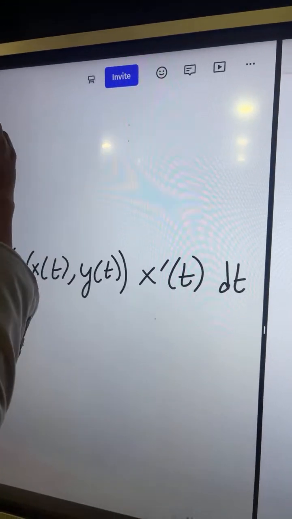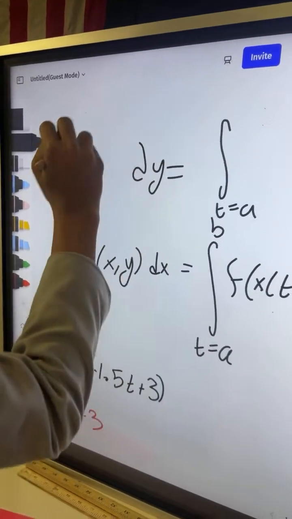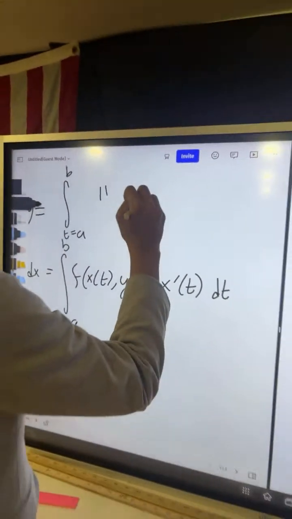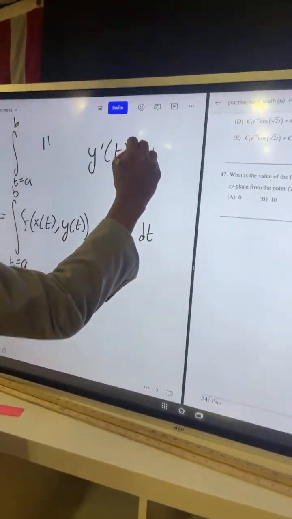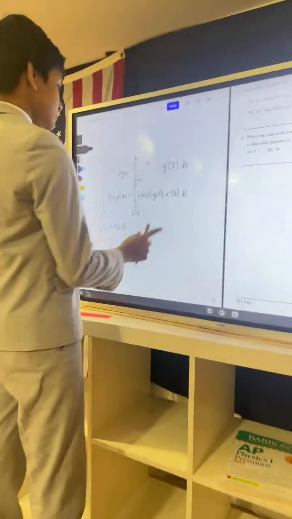And of course, you can also see a very similar format if you decide to do it with dy instead. So let's calculate it in this specific case.